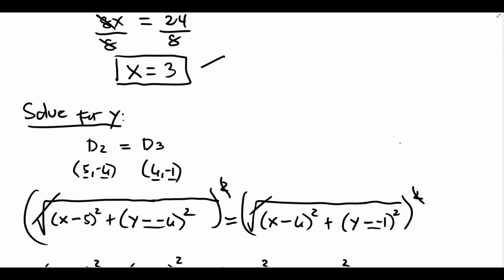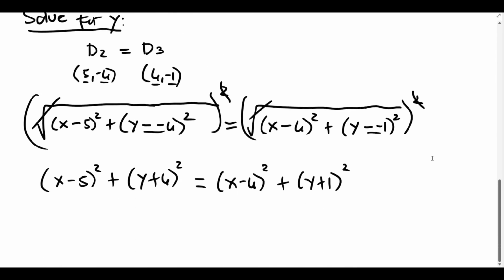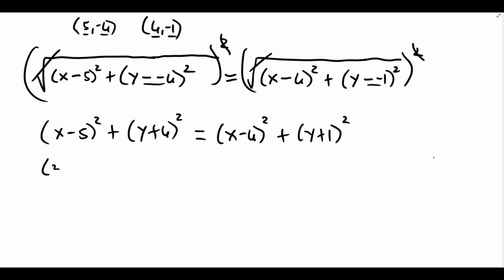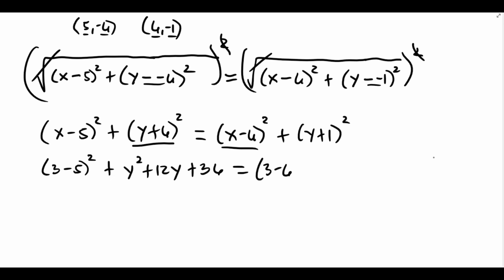Since x is equal to positive 3, this becomes (3 minus 5) to the power 2, plus, we can expand this binomial, y squared plus 12y plus 36, equals (3 minus 6) to the power 2, plus, expanding, y squared plus 2y plus 1.